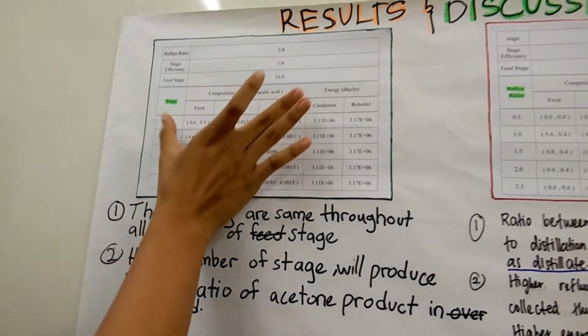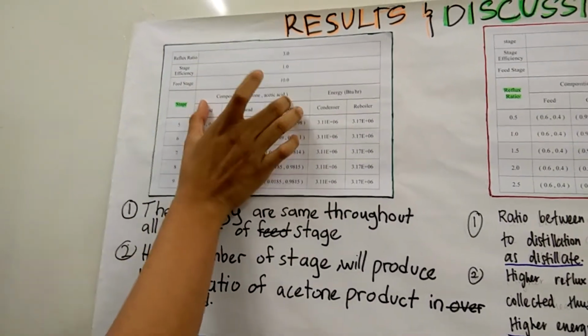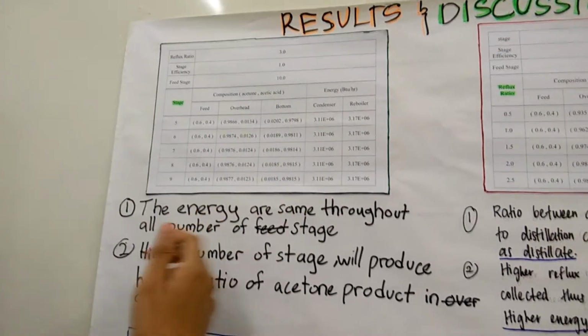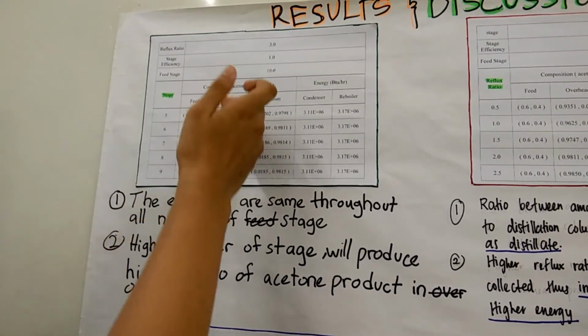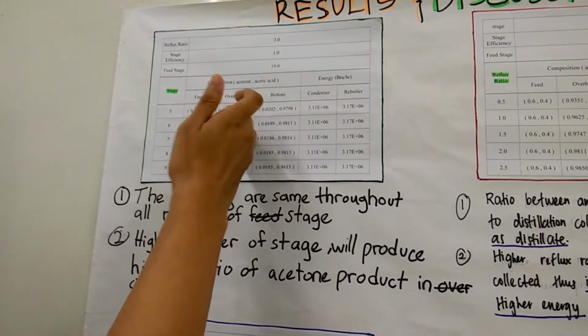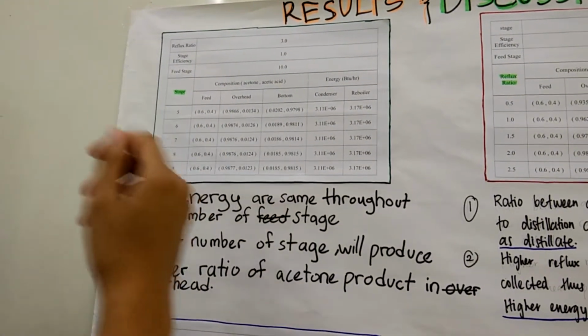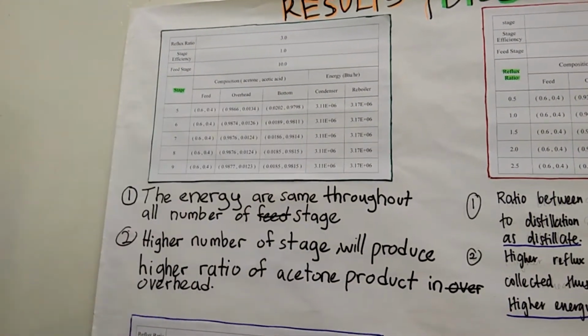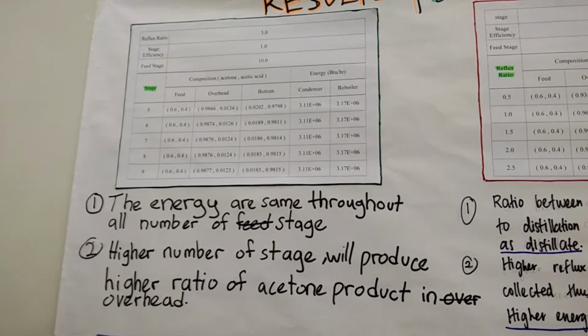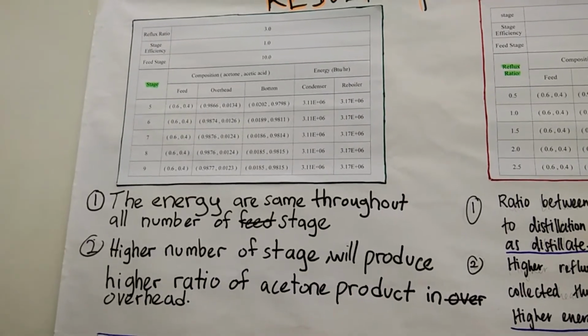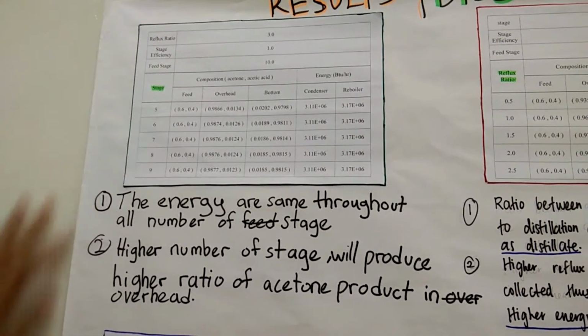Then I will tell you about the composition: increasing the number of stages means increasing acetone in the composition of the overhead, which means that the number of stages affects the efficiency and the composition of the acetone.